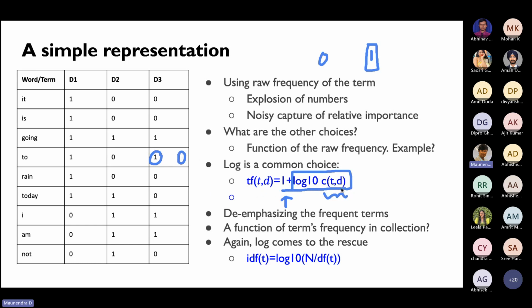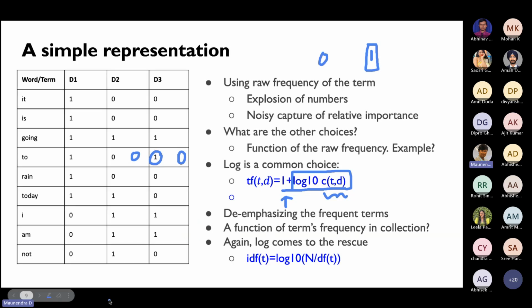And for the purpose of all these processing, log 0 is also defined to be 0. Which means if we do not have this extra 1 plus, whenever the term is present one time, we will have it 0. That means we'll lose that information that the term is present there.